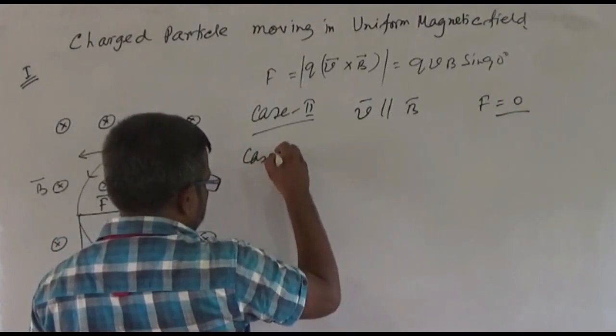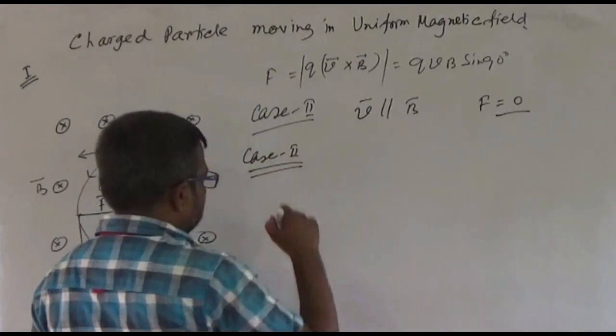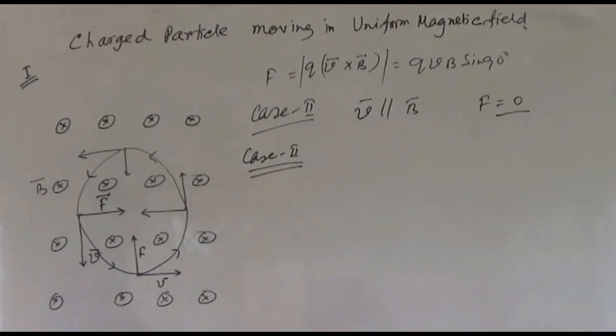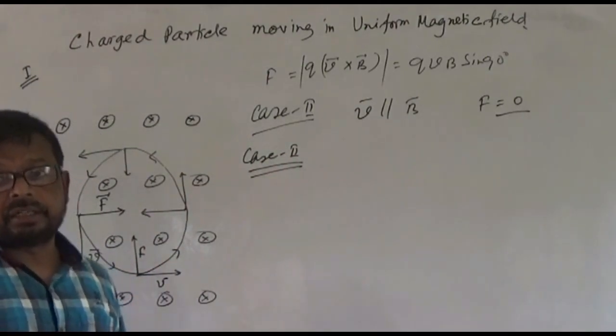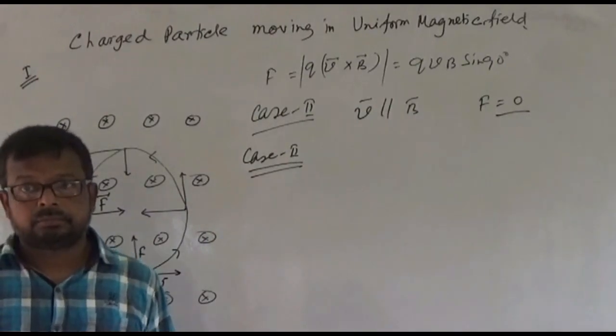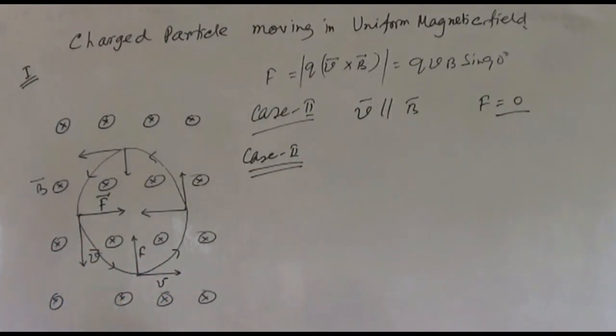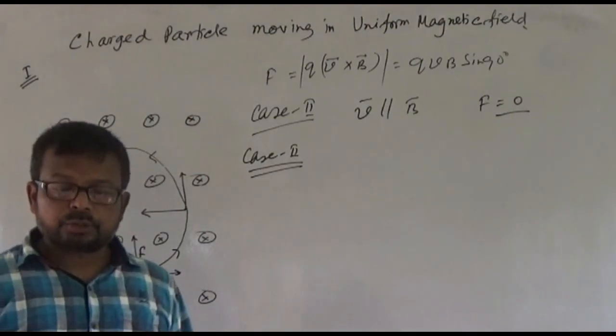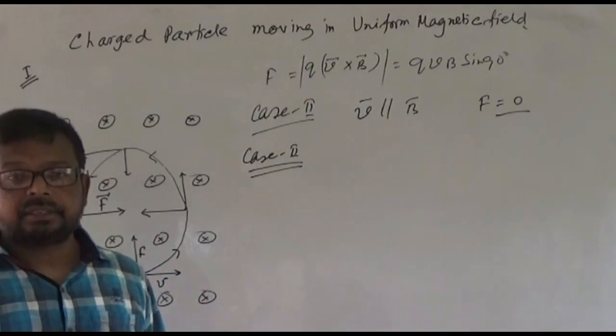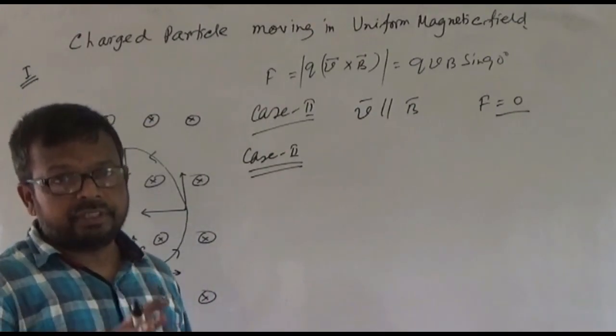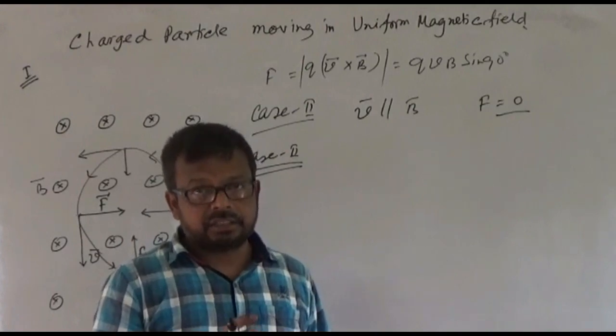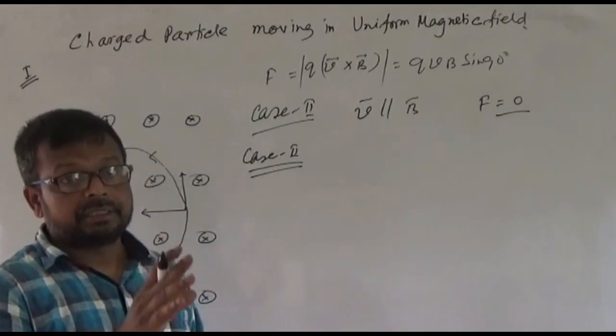Case 3. If the charged particle enters the region of the magnetic field at an angle, we have taken this as perpendicular. If it is not perpendicular and also not parallel or anti-parallel, that is, the direction of V makes an angle theta with B, then what happens?